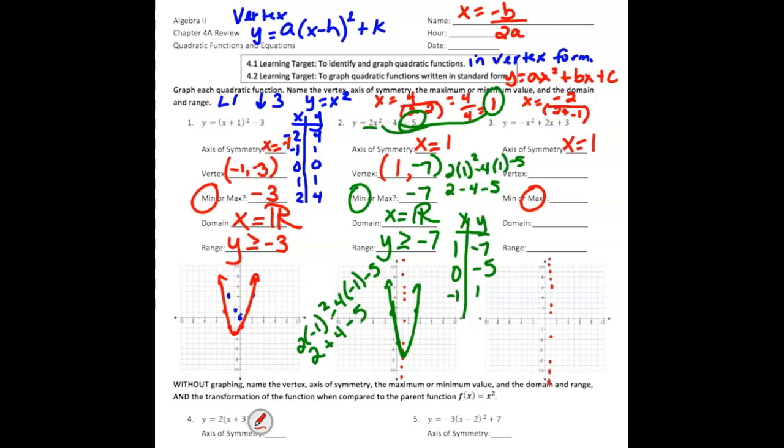All right, our vertex then would have an x-coordinate of 1. We need to find our y-coordinate. I didn't leave myself a whole lot of room here. So our y value is what we get when we put a 1 into that expression.